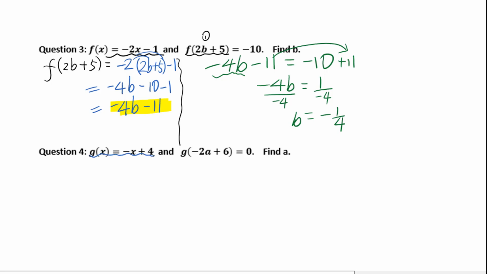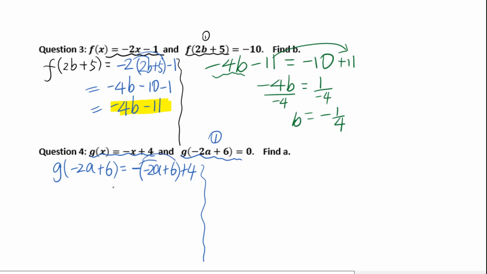g of x equals negative x plus 4. And g of negative 2a plus 6 equals 0. Find a. First step, we need to figure out g of negative 2a plus 6, which means every single x will be changed into negative 2a plus 6. So we have negative, 2a plus 6, plus 4.